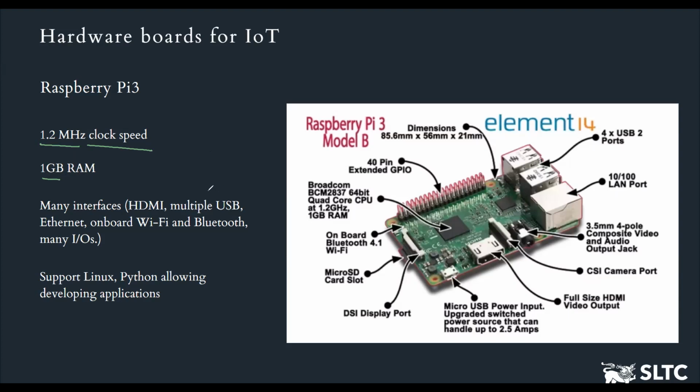Therefore, we can do multiple computations in the board and get the data outputs. It also enables many interfaces such as HDMI, multiple USB ports, Ethernet ports, Wi-Fi, Bluetooth, and many input-output pins.